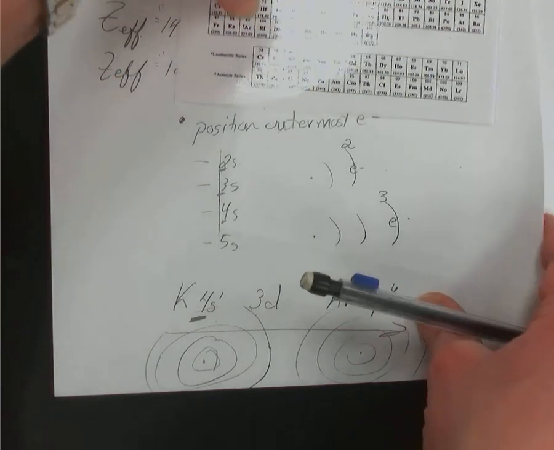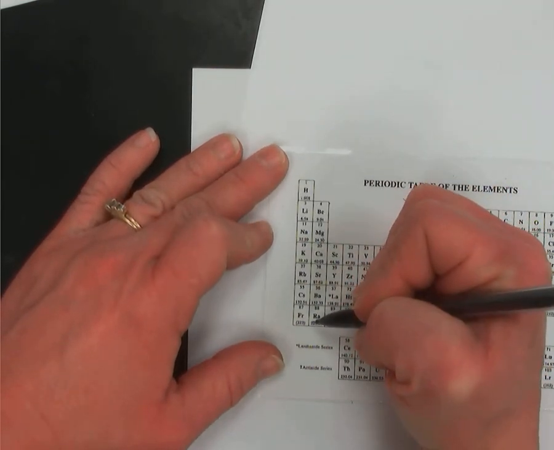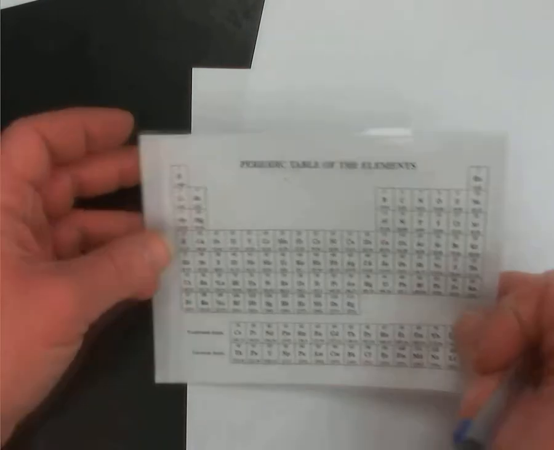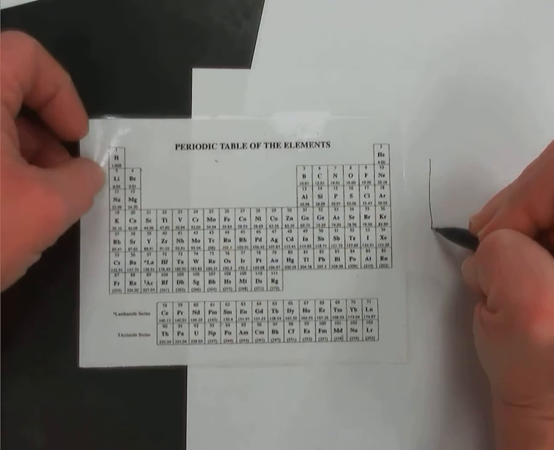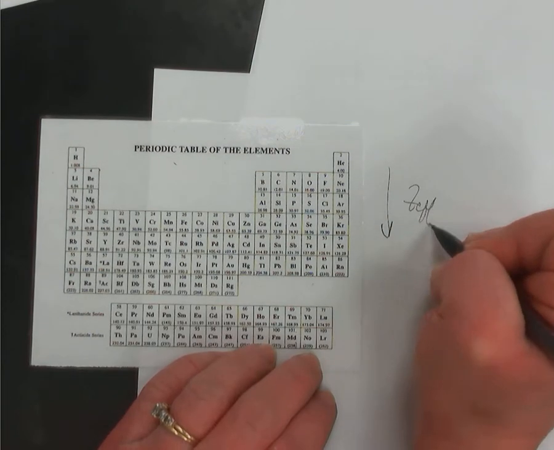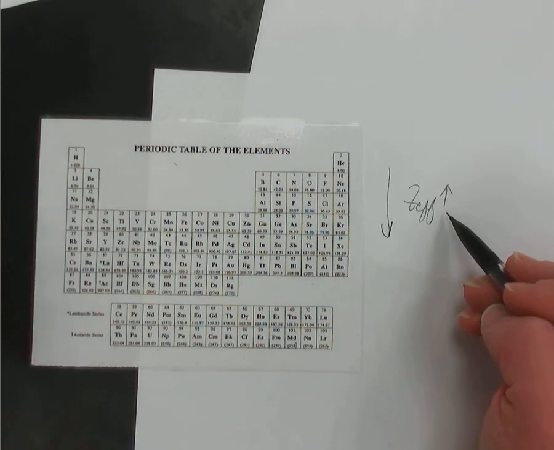Okay, so let's put this together. As we proceed down a family, our atoms get bigger. Well, as we proceed down a family, effective nuclear charge increases. So our nucleus gets stronger and stronger in its pull for electrons.